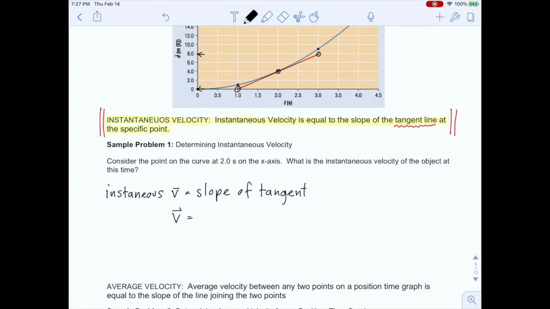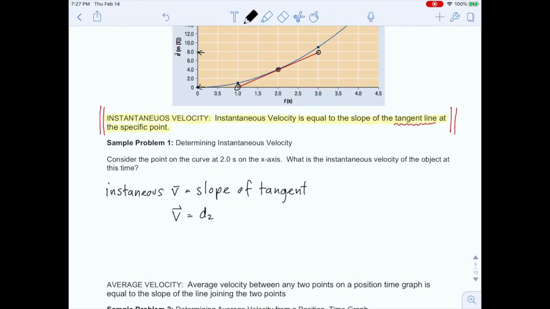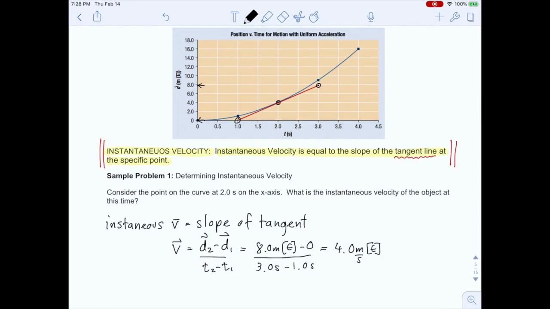So the velocity will equal the slope of this tangent. That's d2 minus d1 over t2 minus t1. That's 8 meters east minus 0 over 3 seconds minus 1 second. If you simplify this, you end up with 4.0 meters per second east. Therefore, the instantaneous velocity of this object at t equals 2 seconds is 4.0 meters per second east.